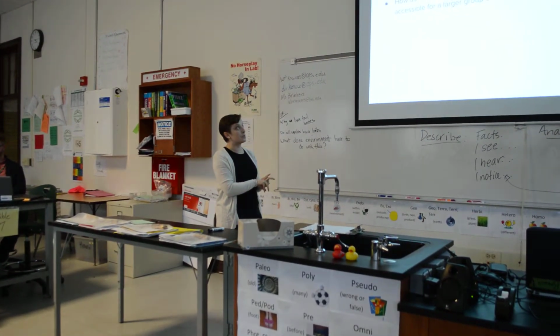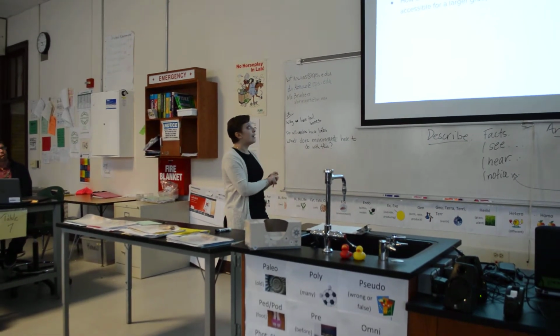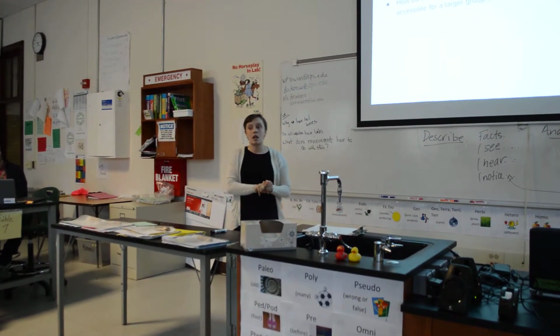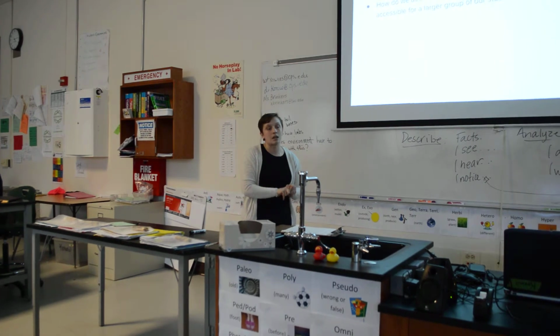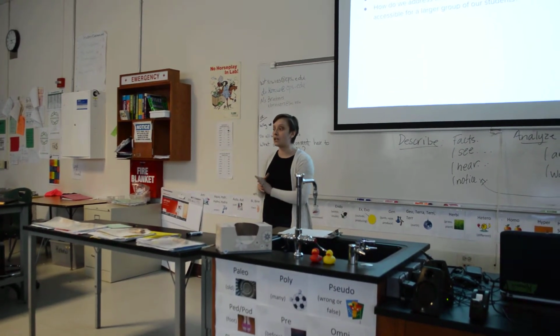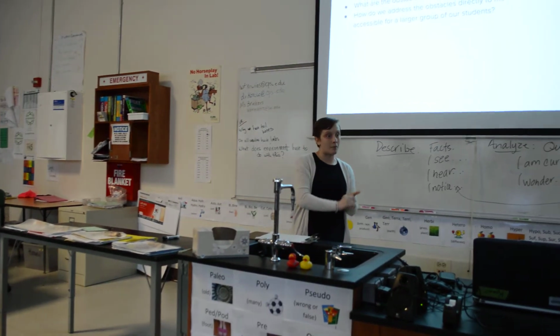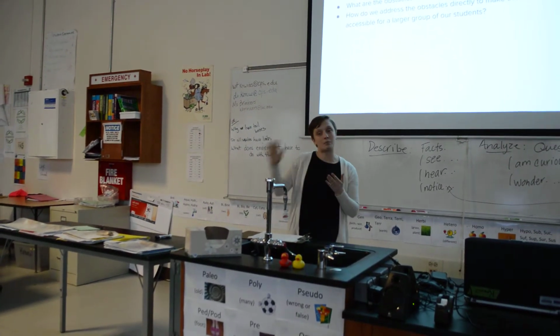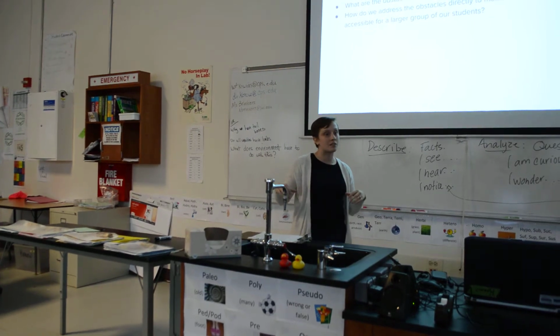So how do we address these obstacles directly to make the content more accessible for a larger group of our students? Because this was a science reading and I didn't want to take anything away from the teacher's content, I just created accommodations, not modifications, which means I didn't take any content away.